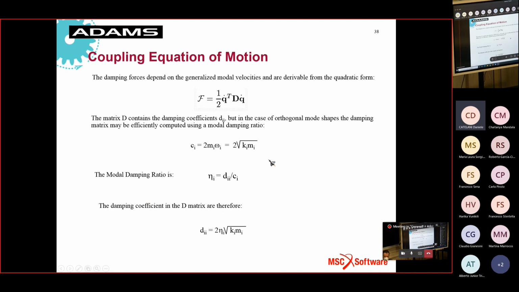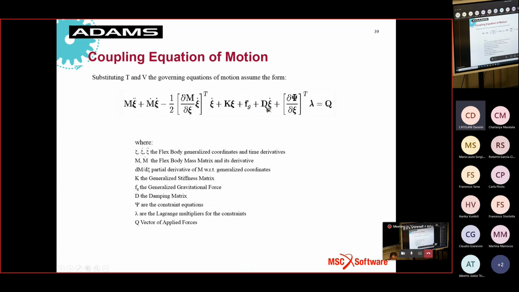The modal damping is a percentage of the critical damping, and you can define a modal damping different for every frequency you have in the flexible body. So if you have 100 modes, you can create 100 damping ratios. You can use the 100 damping ratios in your system.